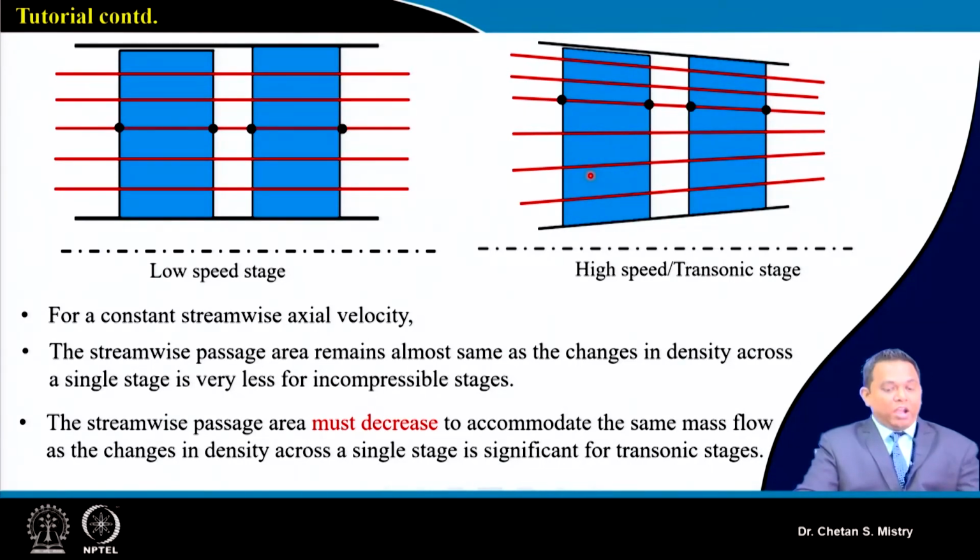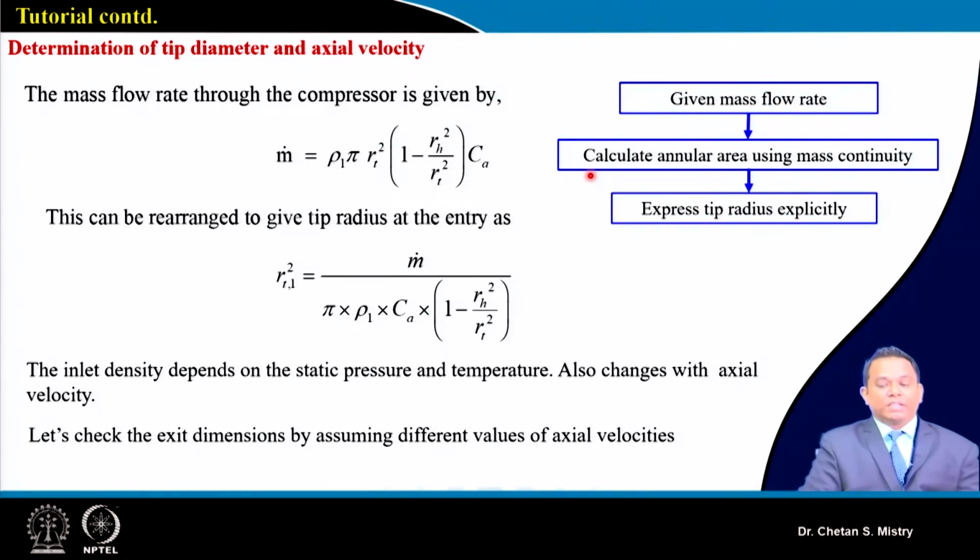Okay, now here we will be having different kinds of configurations that are possible. We know our mass flow rate, which is density times area times my axial velocity.